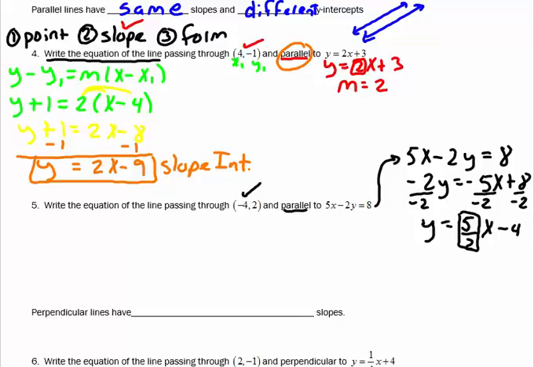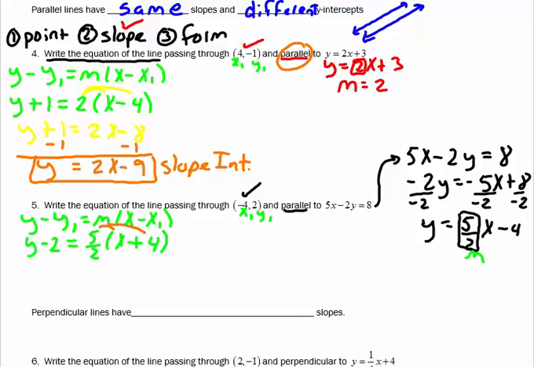So again, we'll start off with y minus y1 equals m parentheses x minus x1. Labeling my point as x1, y1, and knowing that my slope is 5 halves, y minus 2 equals, my slope was a positive 5 halves, and I get x minus a negative 4, so I end up with x plus 4. Let's go ahead and put that in slope-intercept form.